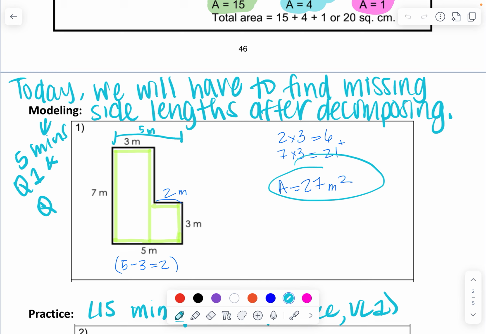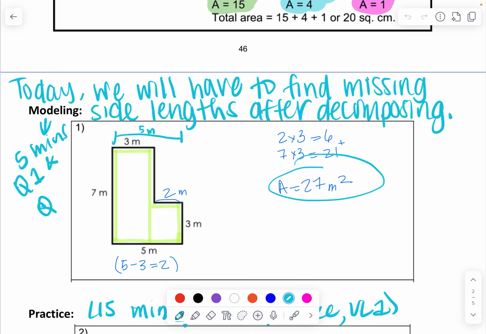And so here we have an irregular figure. There's no name for this figure that looks like an L. And so we are going to create known shapes, find the area of each of those shapes, and then get our total area.